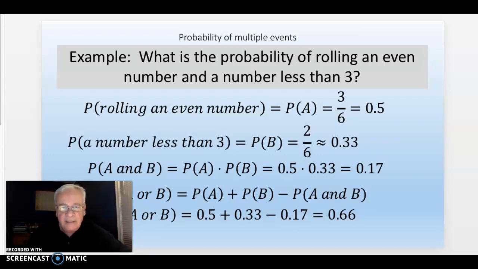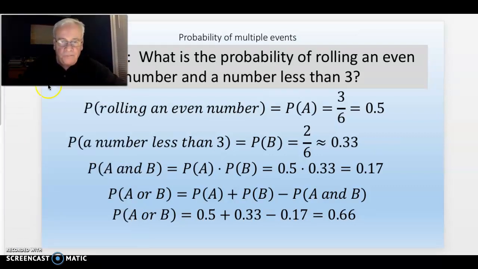Guys, there's another example. What's the probability of rolling an even number and a number less than 3? All right? Rolling an even number, of course, is 50%, 0.5. 3 out of 6 ways to get an even number. And a number less than 3, well, there's 2 of them, 1 and 2.